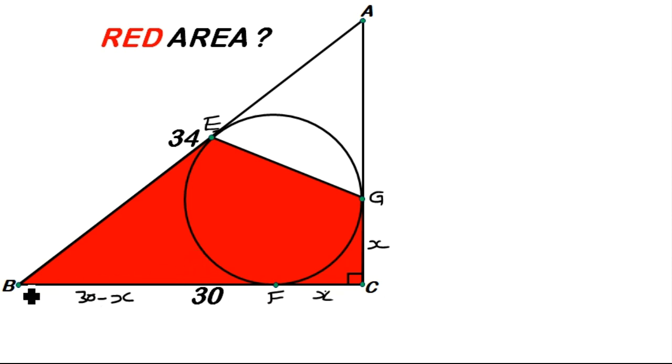You see the tangent BF is intersecting with the tangent BE, so they must be of the same length.